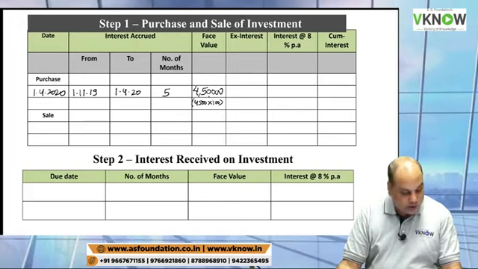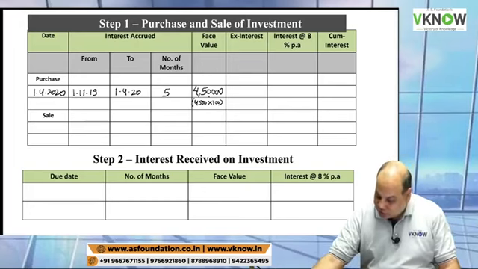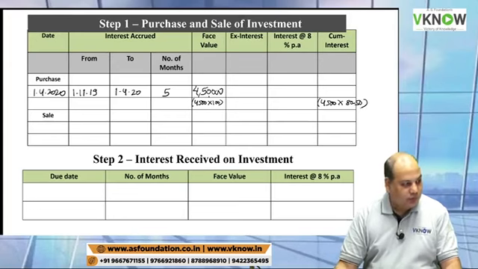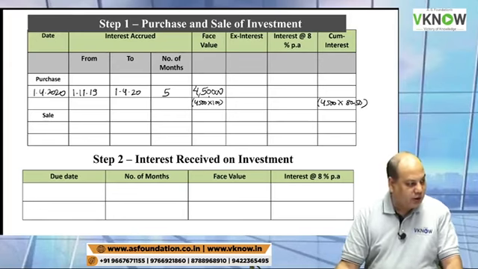Check whether ex interest or cum interest. It is written cum interest. So in the last column, 4500 into 80.50.